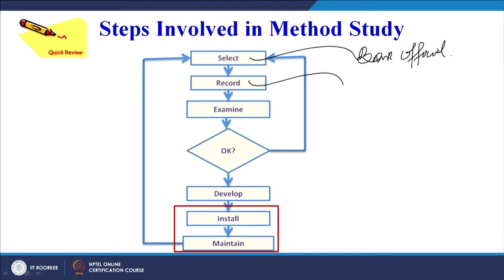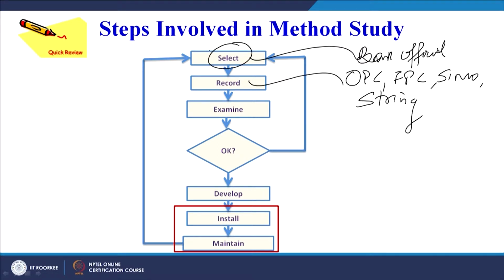Then, for recording, we can have an operation process chart, a flow process chart, a CMO chart, or a string diagram. We have to record it. Once we have recorded it, we have graphically represented the work identified during the selection stage.